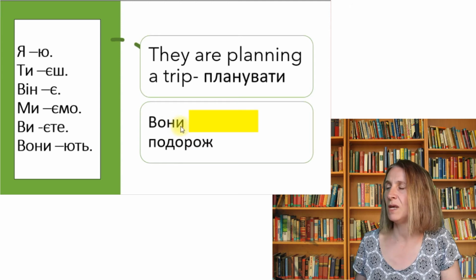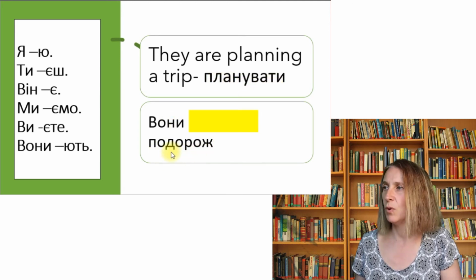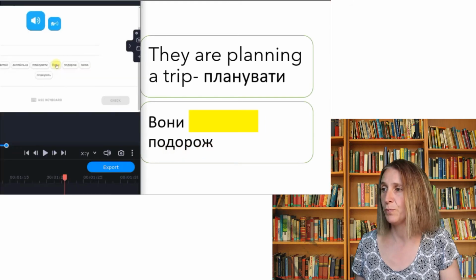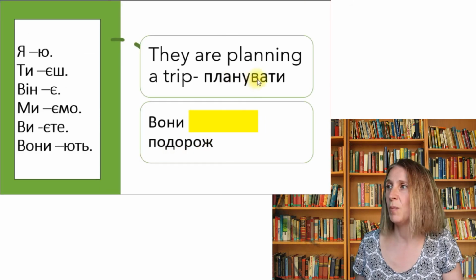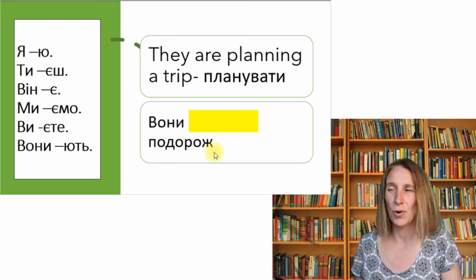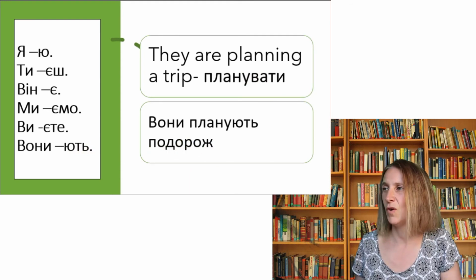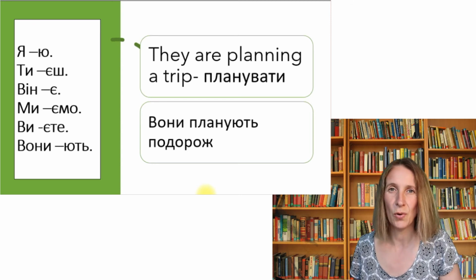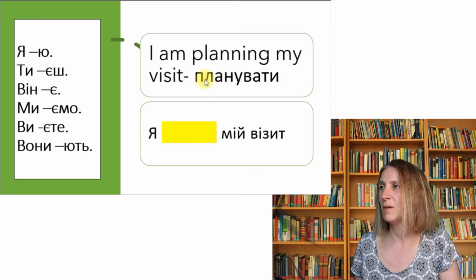So they're planning a trip. We have вони, and we've got планувати, подорож. Вони планують подорож. I'm planning my visit.